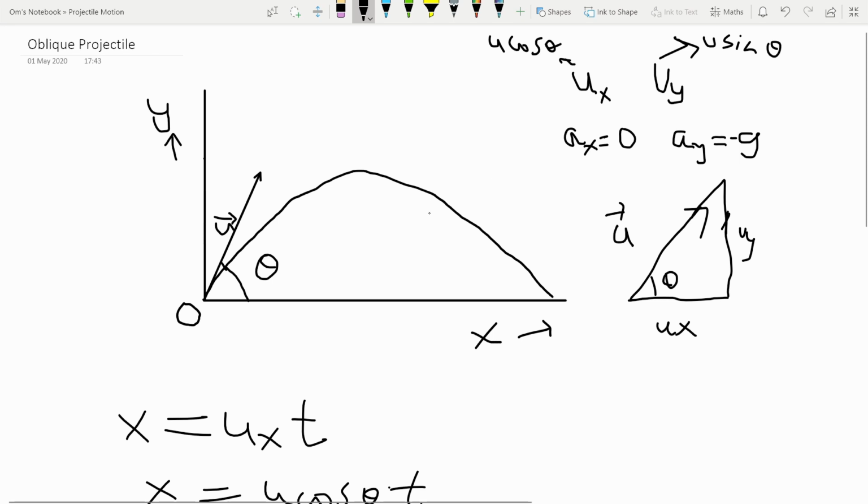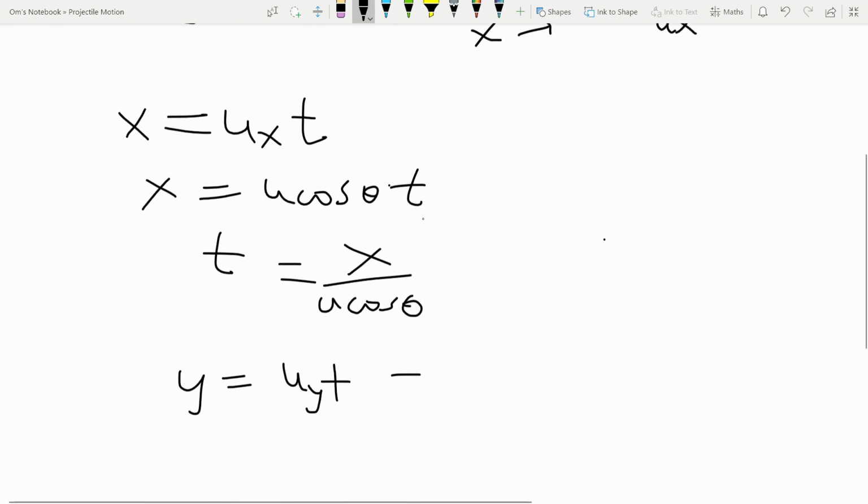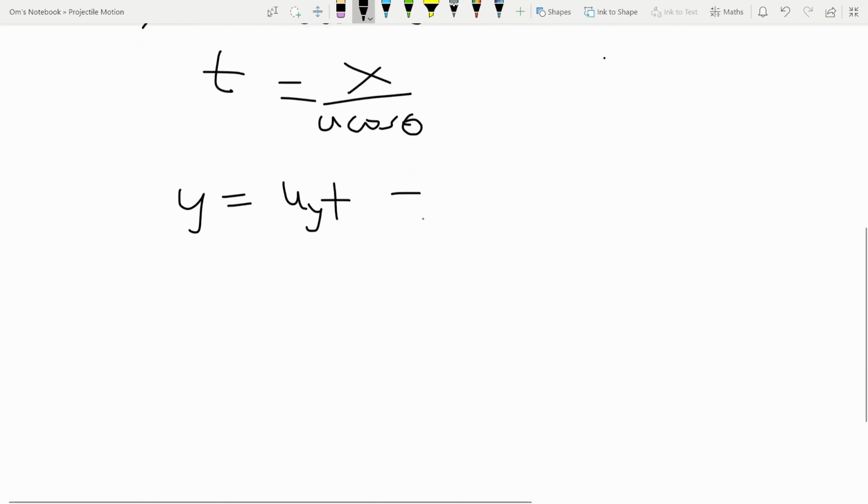I mean, the minus direction is simply to indicate the fact that it's downward and we're assuming the positive direction is upward. So we can say y is equal to uy t minus gt square by 2. Alright, now what we're going to do is substitute this expression of t over here in this equation.